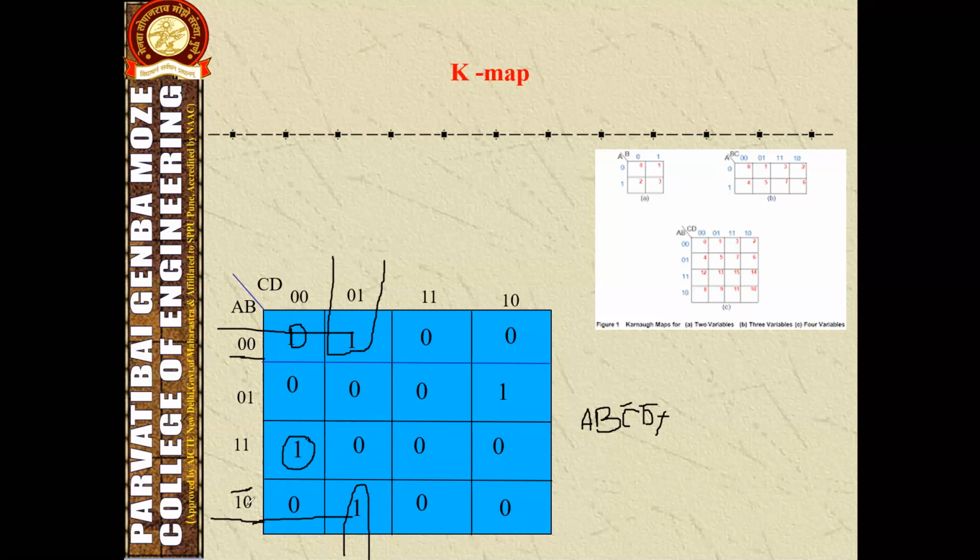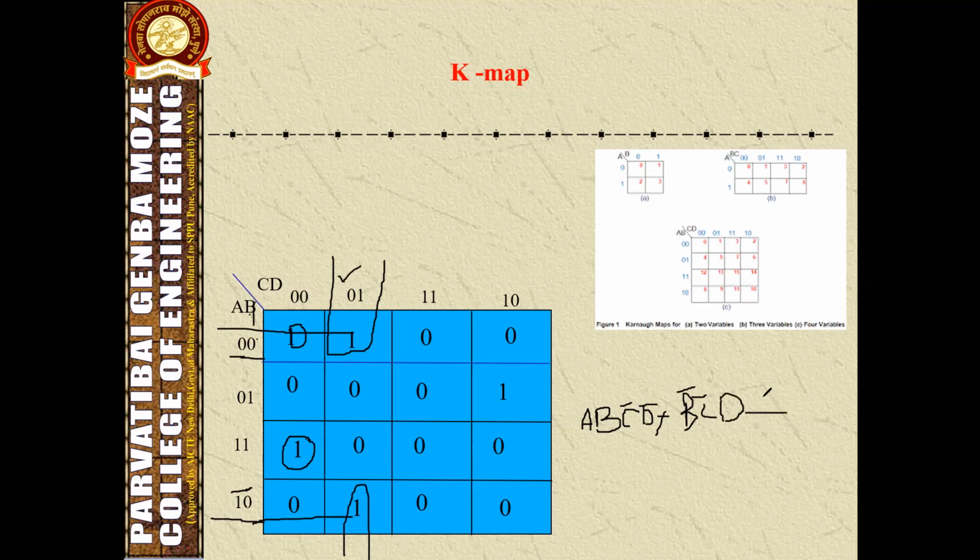Here 0 0 is common, so we take B bar because it has the value B here. The column is common for both, so we can choose whatever the value is here, that only. So that is C bar and D.